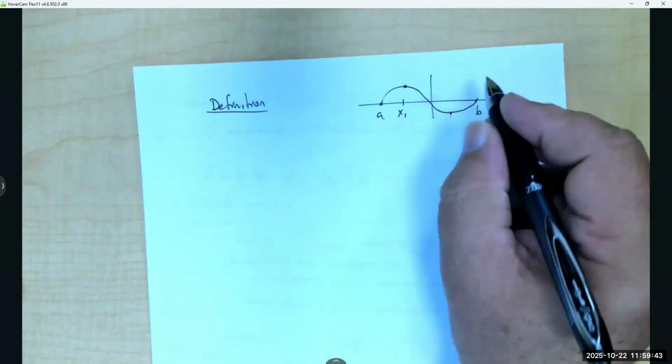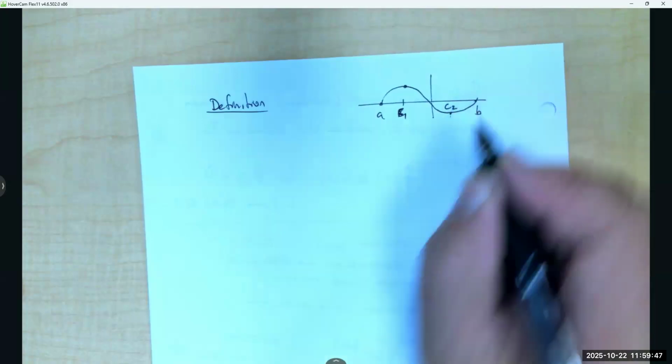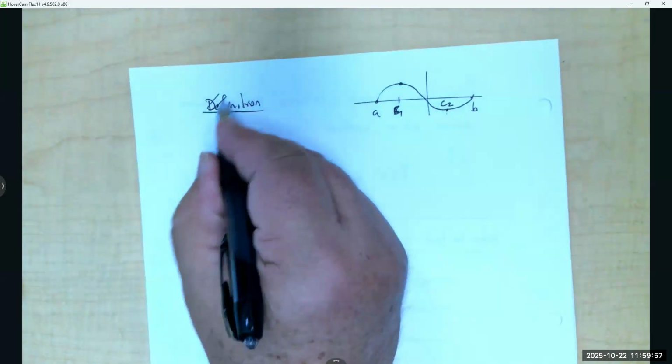So here we have x or C1 and C2. Let's see the definition.